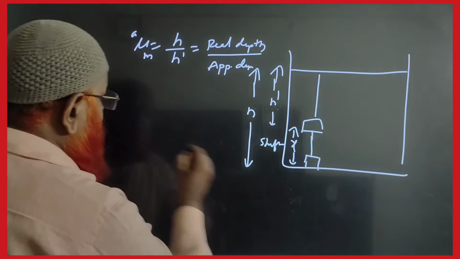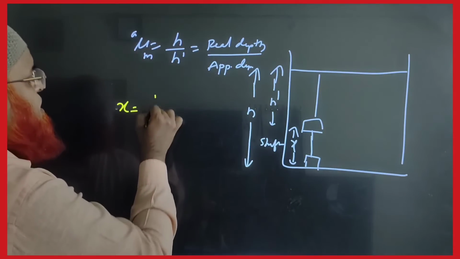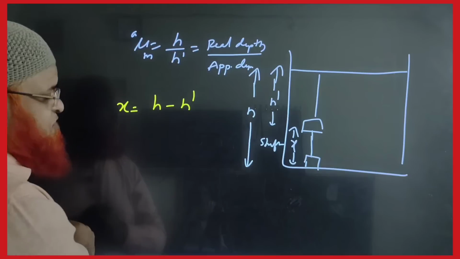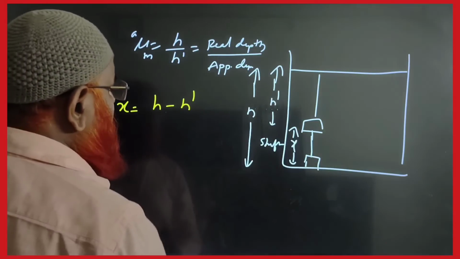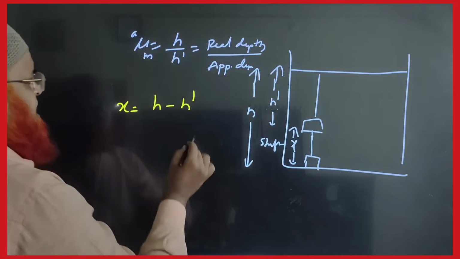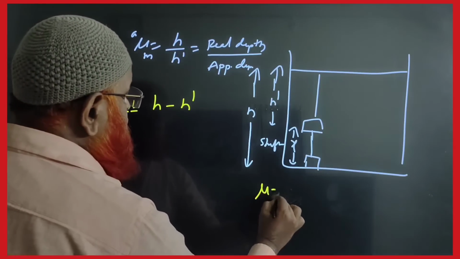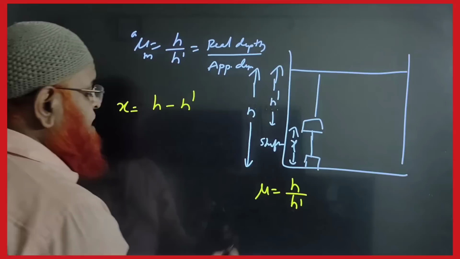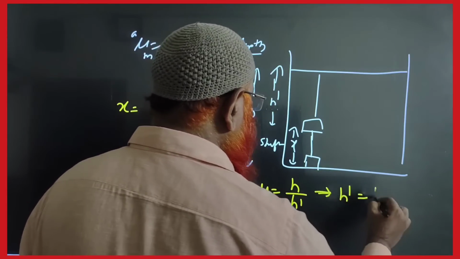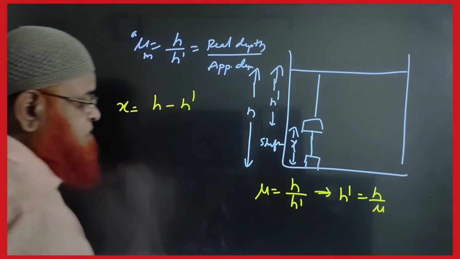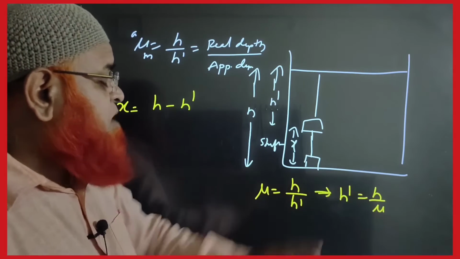I have to take H minus H dash. H minus H dash will give you x, or not? Then refractive index, I already told you, is H by H dash. If I want to find H dash, H dash is equal to H by mu.